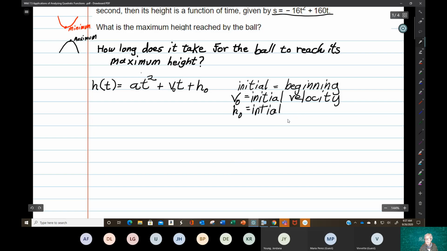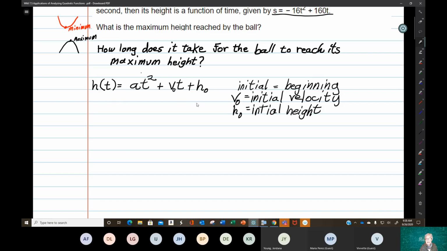You're going to see some problems that start 180 feet above the ground because somebody's standing on a building and they shoot off a toy rocket. So these equations are always in this form.